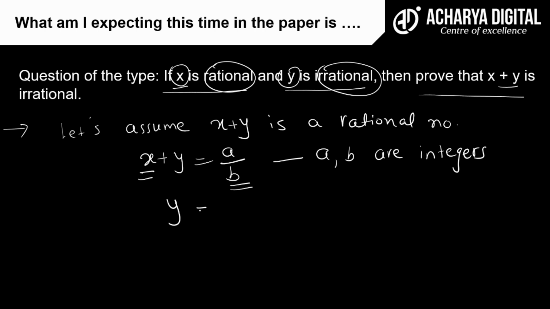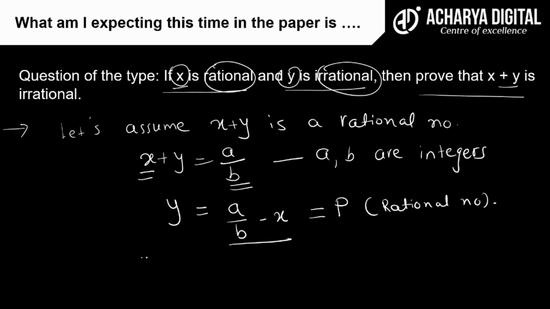So I'll keep Y on the left side and I'll shift that X to the right side. Rational, rational on the right side. So here A by B minus X is a subtraction of rational numbers. So it will be of course again rational. So let us assume this as P, a rational number, right? But Y is an irrational number.